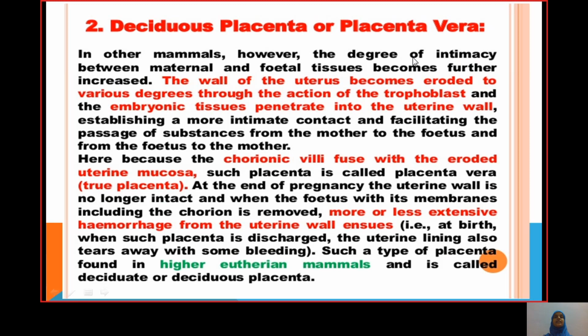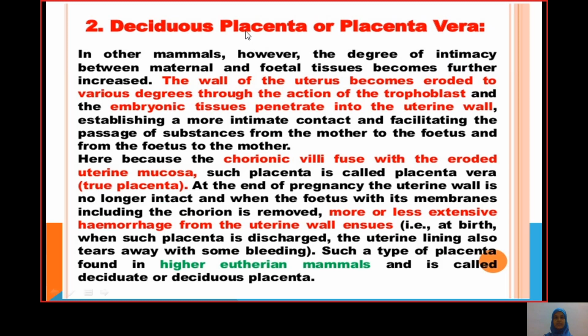Next we will discuss the deciduous placenta. It is also called placenta vera. In other mammals, however, the degree of contact between maternal and fetal tissues is increased. They are strongly attached.